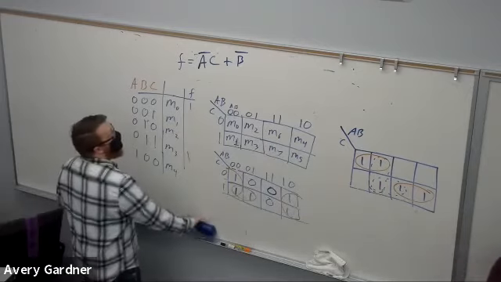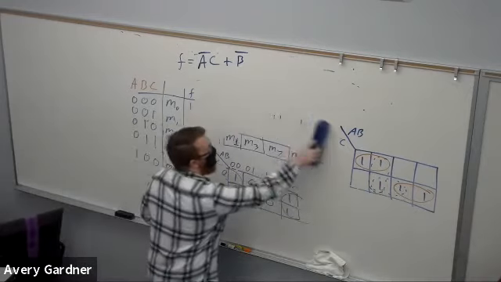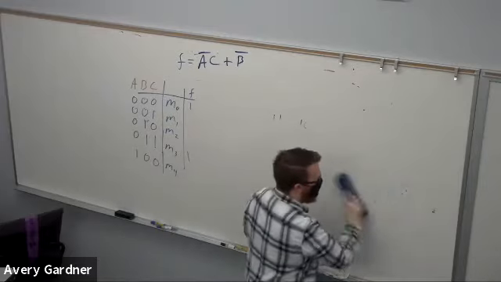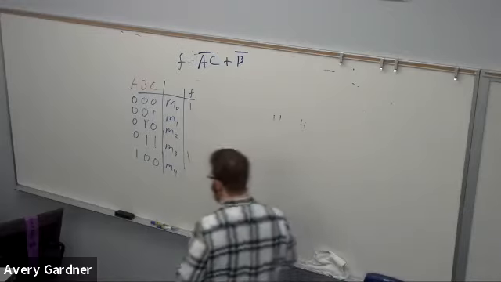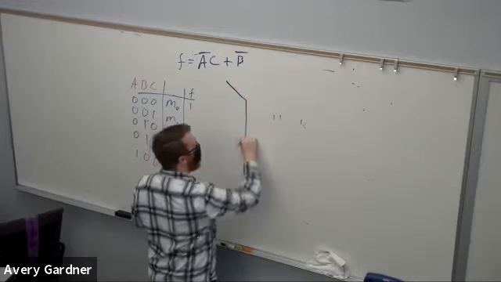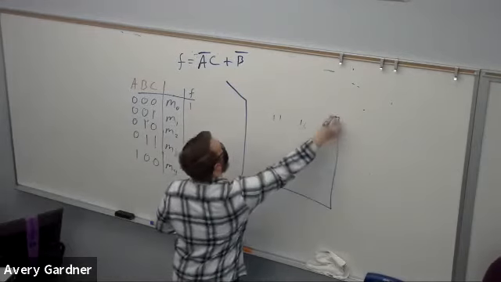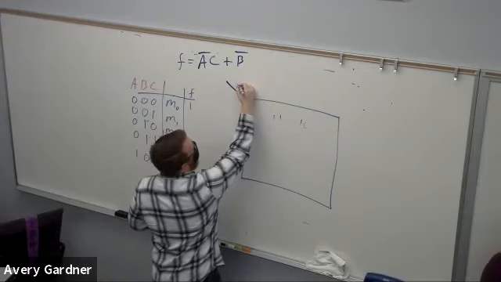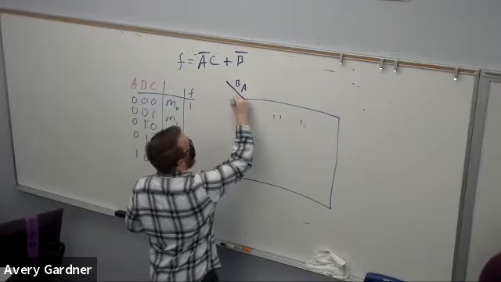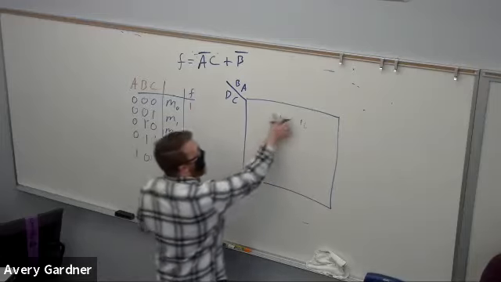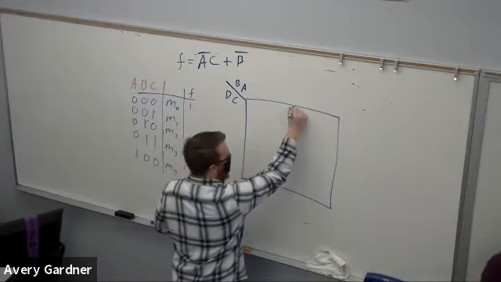All right, let's go ahead and address what happens if I want to use 4 variables. And I'm going to write this one a little bit different. I'll turn this into a truth table in just a second to explain why I do it that way.